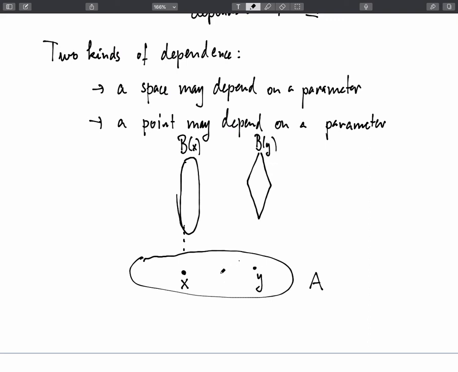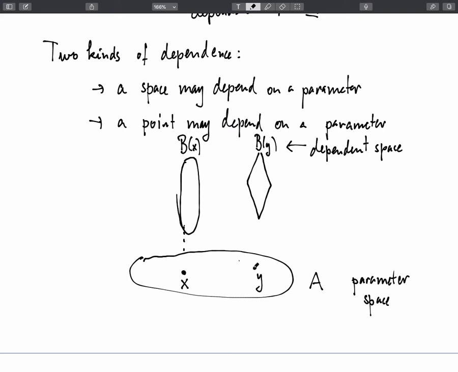Every point in the parameter space, and you can say for every point I get the dependent space. Yes? And is this familiar from the first part of the course? I sure hope so, because what am I talking about? I'm just talking about fibers. Right? Another way of saying this is that B of y is a fiber over y.